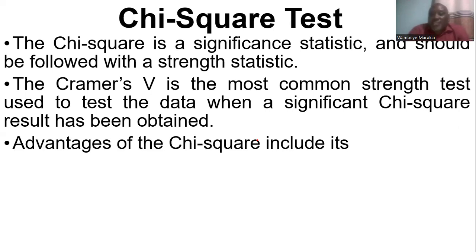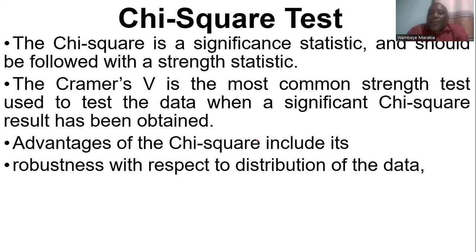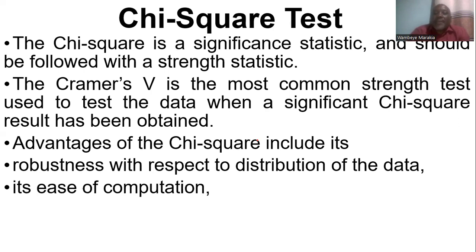There are advantages of using the chi-square, and they include: one, its robustness with respect to distribution of the data. Second, it is easy to compute.